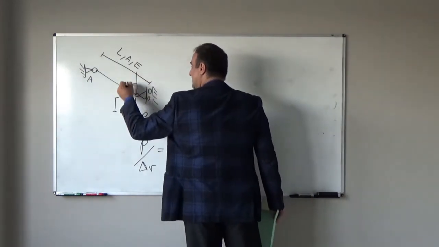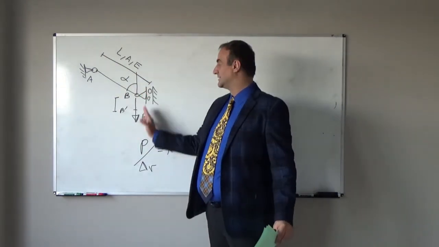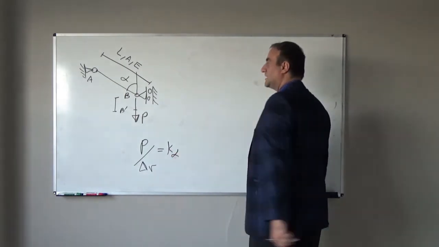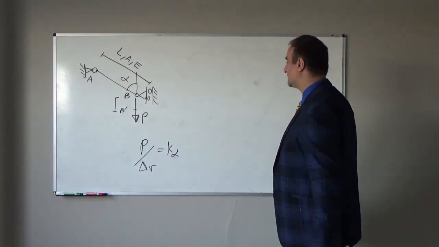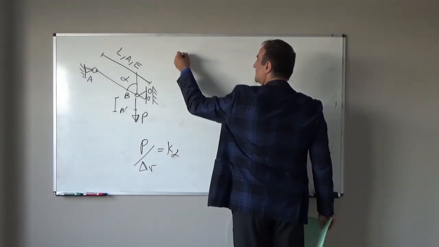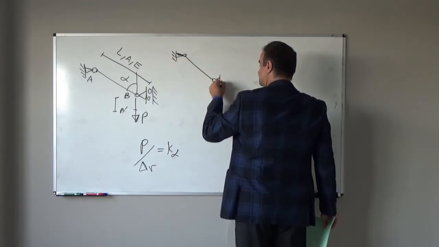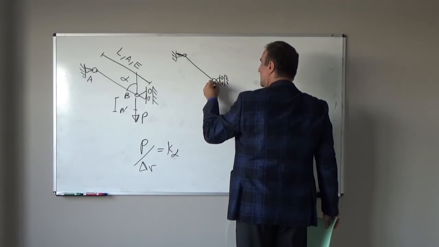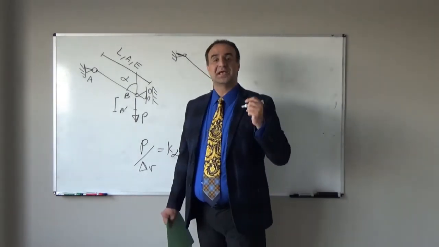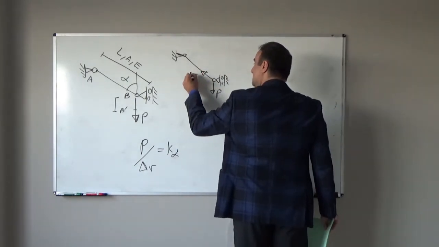Assume this angle between the member and the line of action of the force is alpha. How can I find that? It is easy to find. Let's look at the member behavior. I apply force P here. Force P is an external force, and it is known. What will be the internal force in this member?